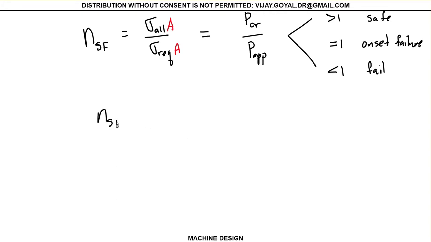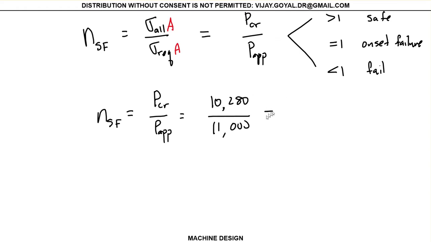Let's use this equation just because I have the loads. This is how much was available, this is how much I really need, and you can see we get a value of 0.934, which is less than 1, and this is not acceptable.